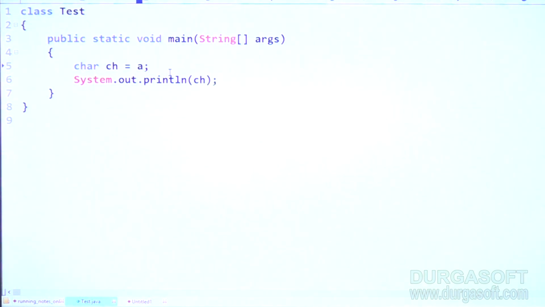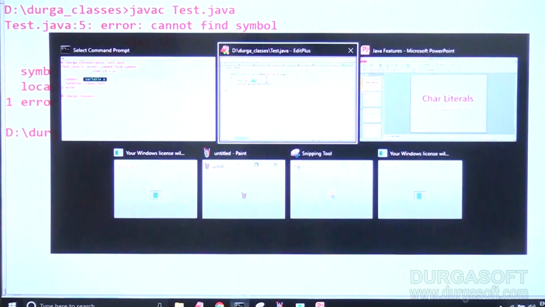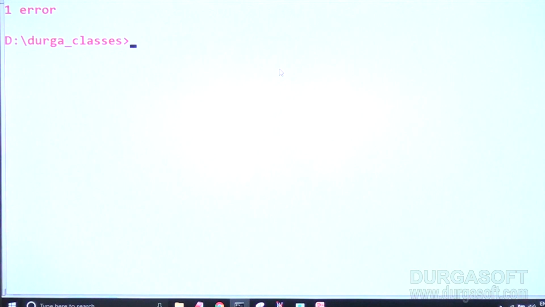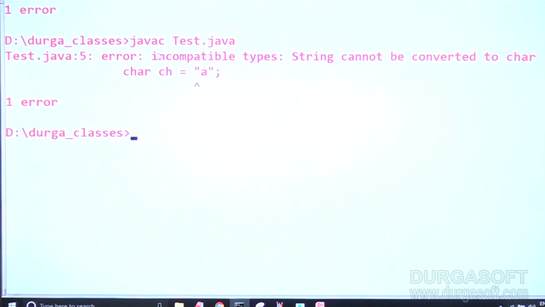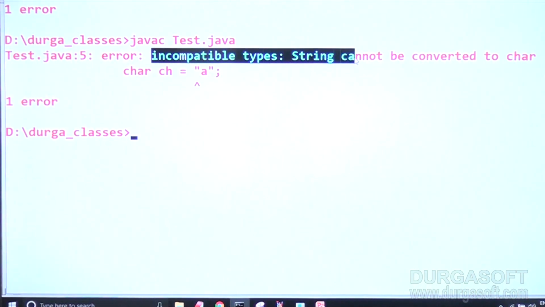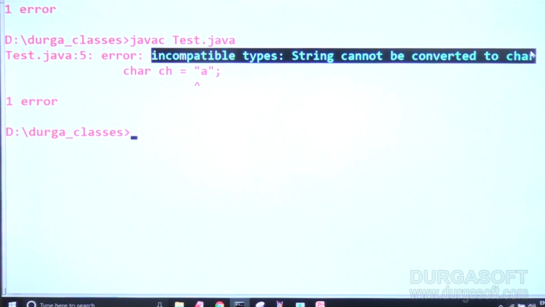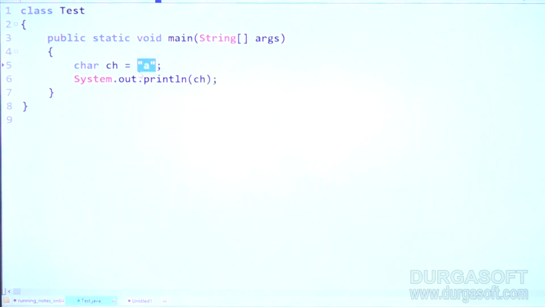Next, instead of single quotes, double quotes by mistake we are taking. It is invalid. What is the reason? You know already, right? Now observe that. Incompatible types: String cannot be converted to char. Remember, right? Next, here I'm taking, sir, within single quotes, multiple characters.